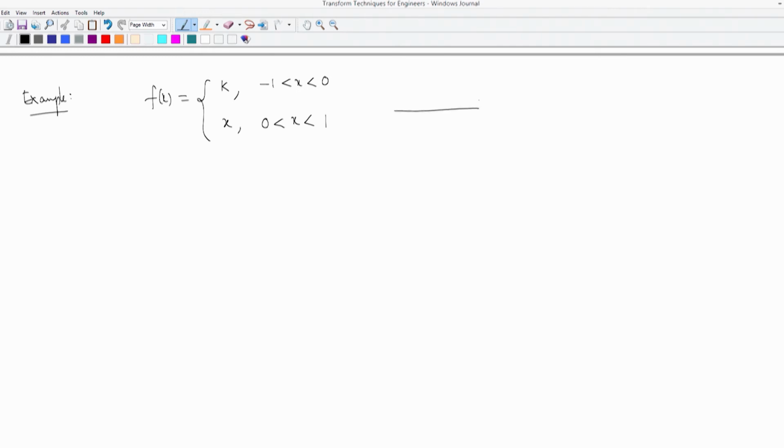This is a piecewise function. From minus 1 to 0 it is a constant function k, let us say 1. If k is 1, it is like this, and between 0 and 1 it is going to be like this.